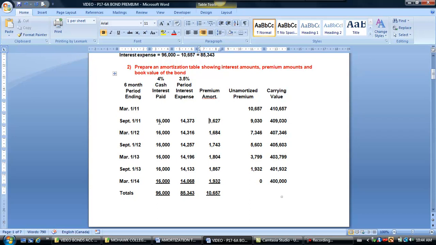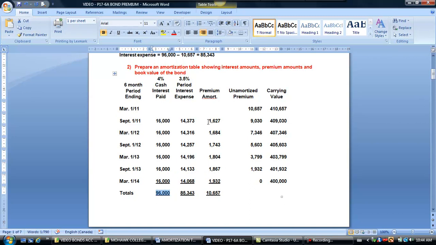So now we can see a relationship here that we can use to calculate the interest expense over the entire 3-year period. We know that our interest expense is going to equal interest paid less any amortized premium. Over the entire 3-year period, we will have paid out $16,000 times 6 periods, which is $96,000.